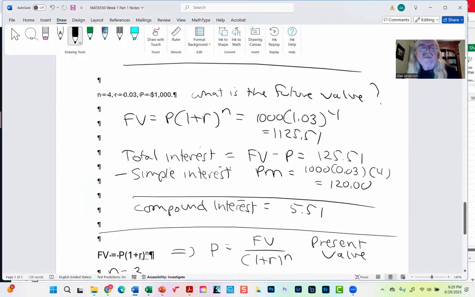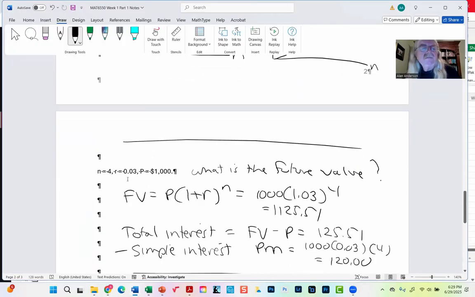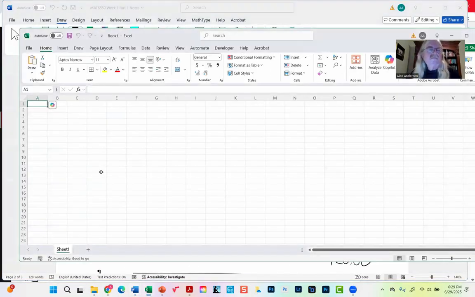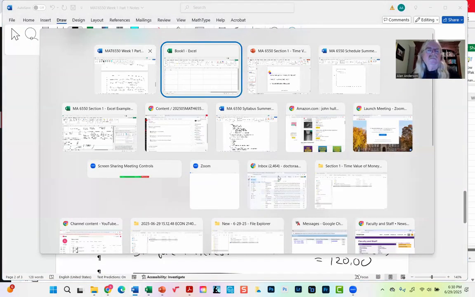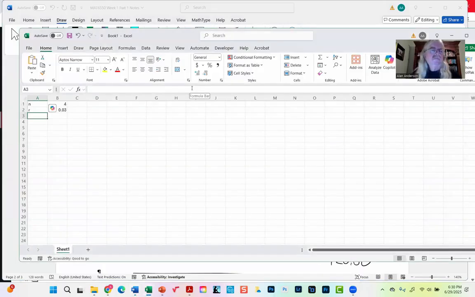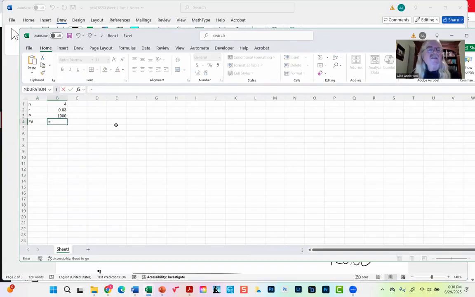Let's go back to the previous example for future value. N is 4, R is 3%, and P is 1,000. And the future value, we can do this algebraically, is P times 1 plus the rate of interest raised to the n power.